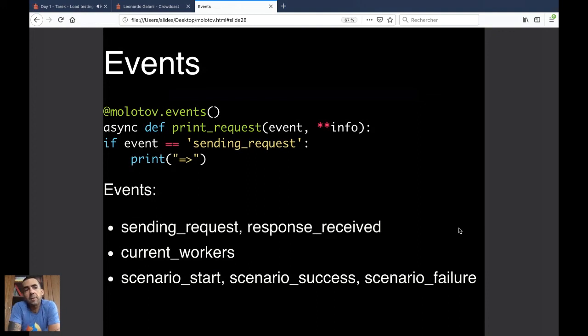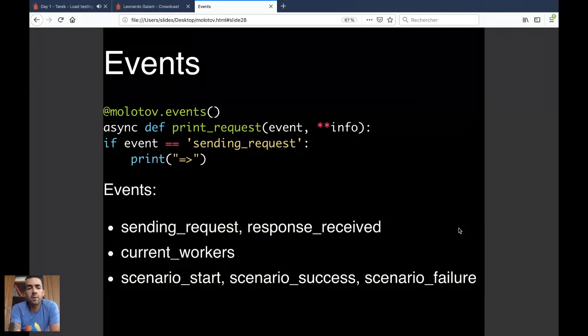We also have events. So for example, you can create a coroutine against the events decorator, and every time something is happening in the Molotov framework, this coroutine is going to be called. This is useful to do some printing or to do some logging.